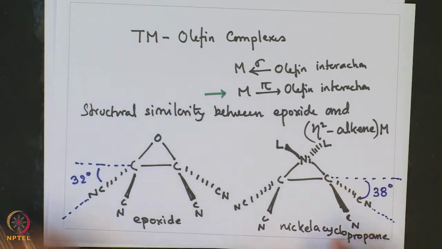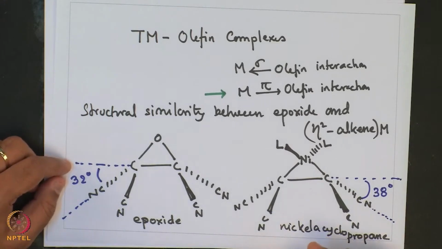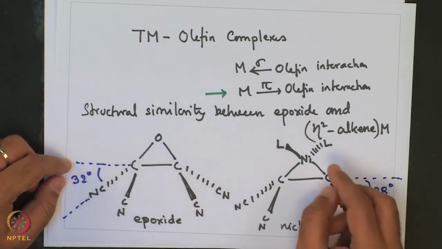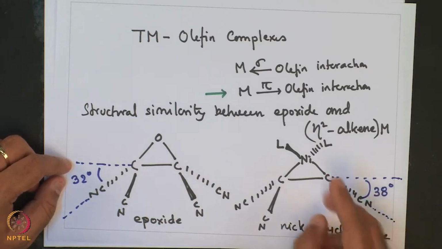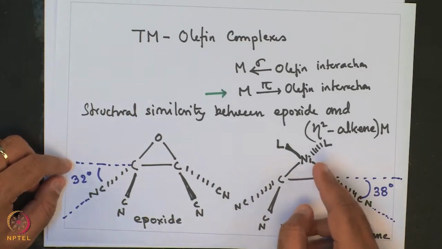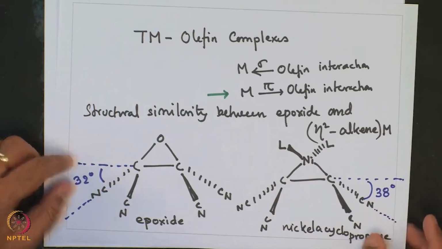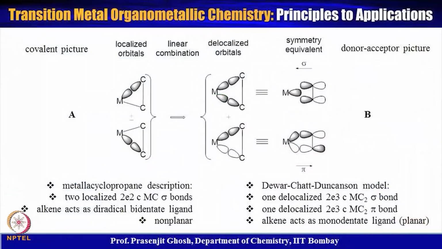So, what one can see is there is a striking similarity between an organic epoxide and a metallocyclopropane intermediate that is formed by eta 2 binding of an alkene. Now, let us discuss this aspect of metallocyclopropane in a bit more detail.